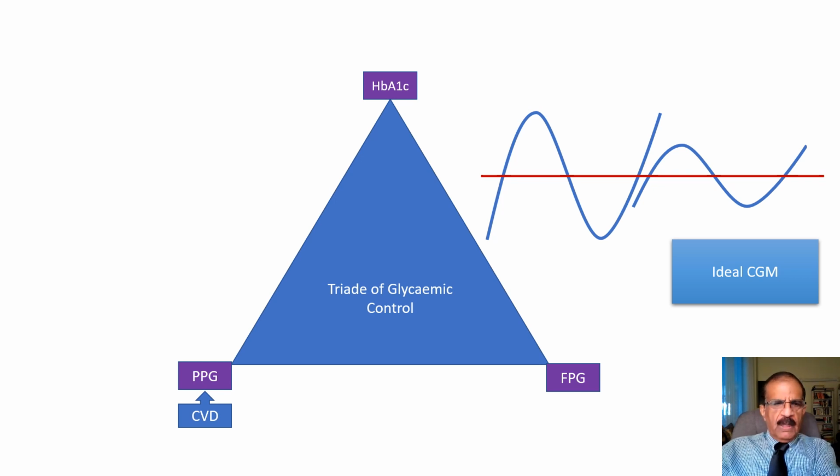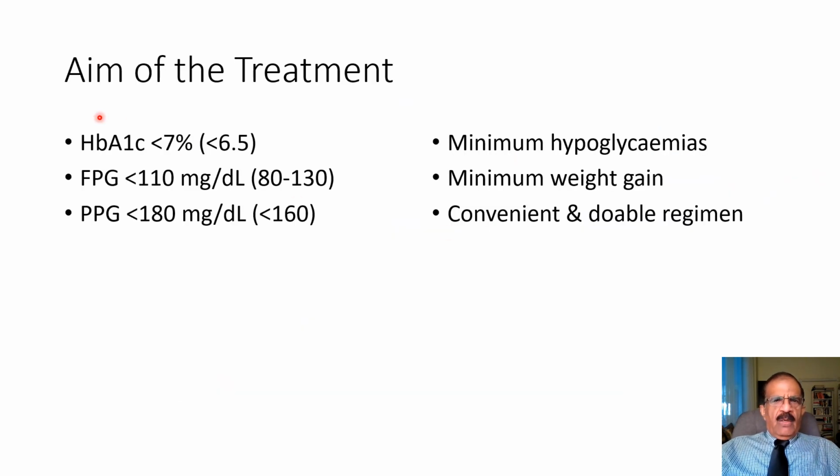Aim of the treatment: the glycemic aim is to bring HbA1c to less than 7, ideally less than 6.5 or even less than 6 in younger patients.